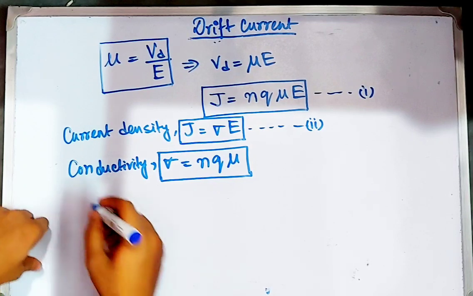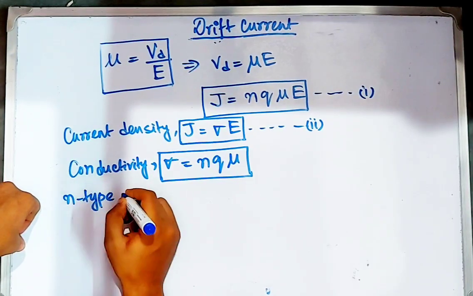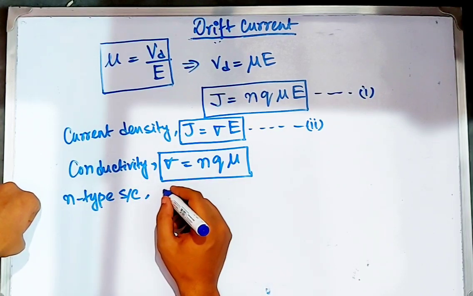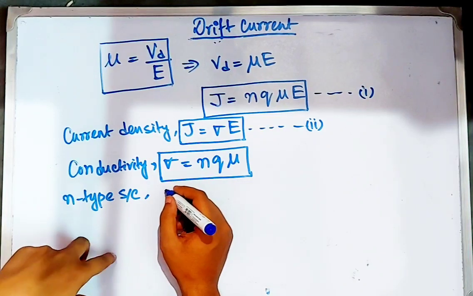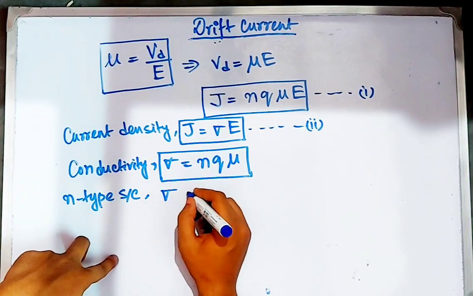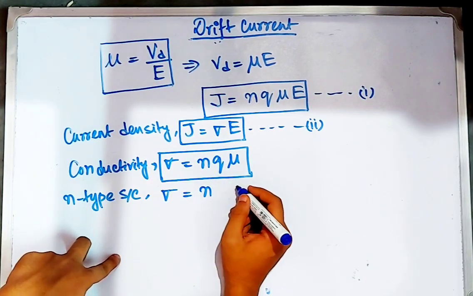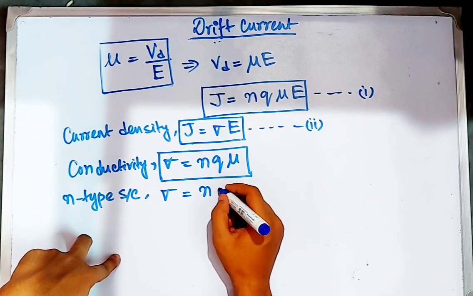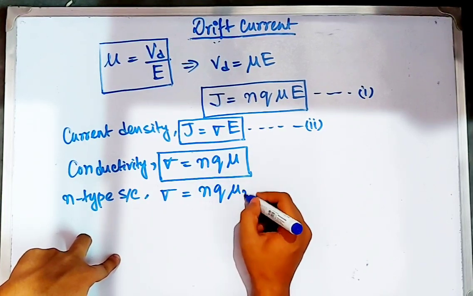So if we talk about N-type semiconductor, then of course the majority charge carriers are electrons. So if we talk about the conductivity, then that is equal to the density of the electrons into electronic charge into the mobility of the electrons.